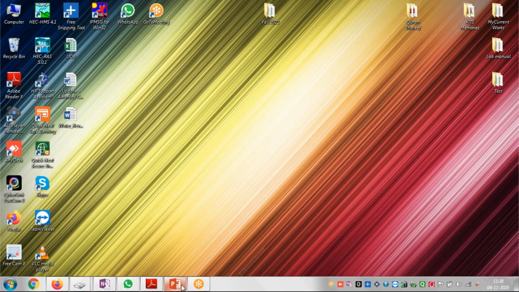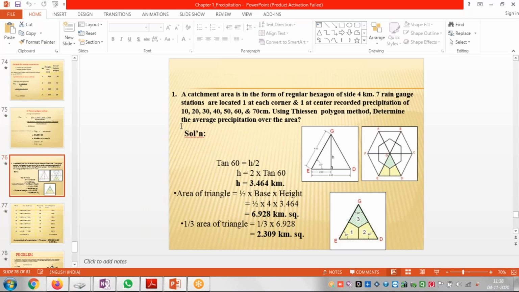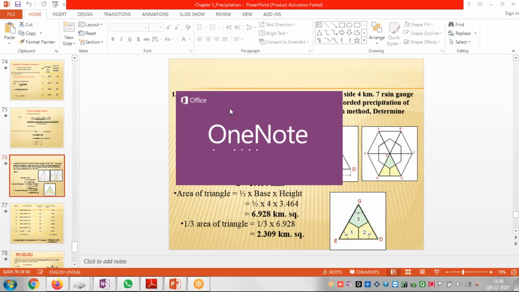So in the last lecture we had seen the methods of calculating the rainfall, right? One method was the arithmetic mean method, then the Thiessen polygon method, and after that a method called the isohyetal method. In the arithmetic mean method, we take the average of the rainfall over the area.